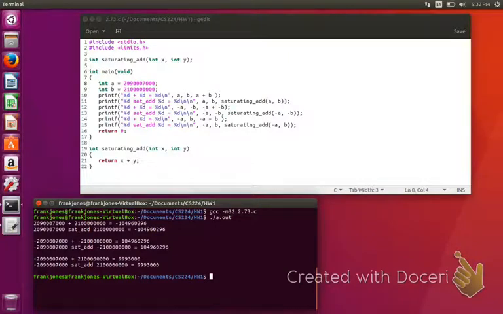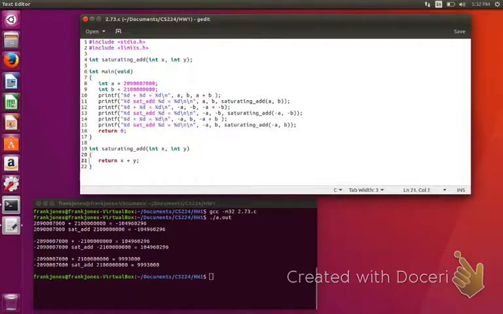So basically, I propose that there are 3 different things that could happen. One is that we could have different signs. Note that if we have different signs for x and y, then overflow isn't possible. We could also have the situation where we have 2 negative values.